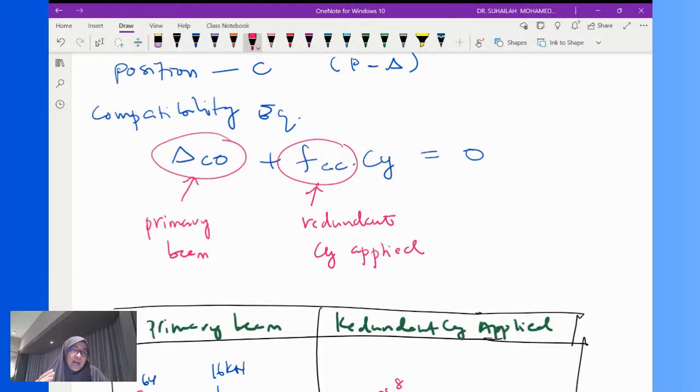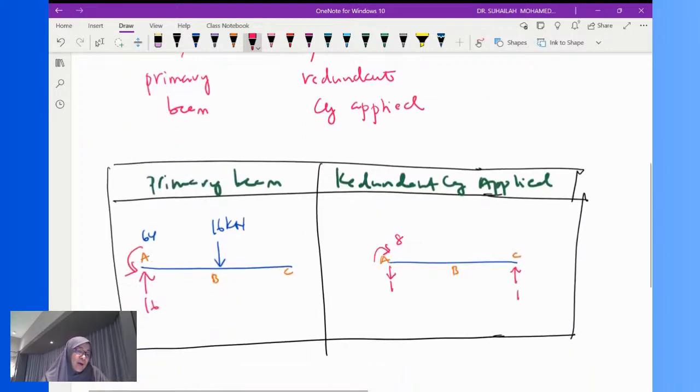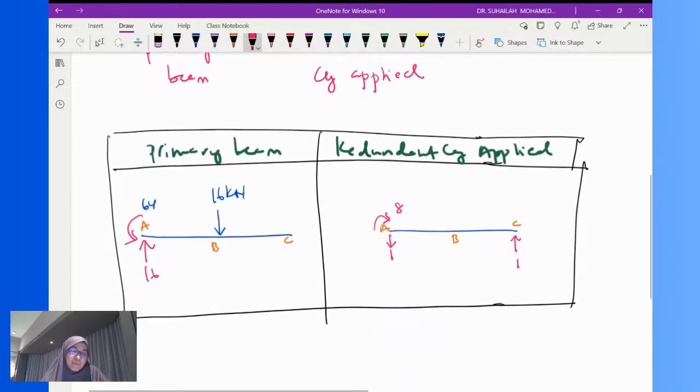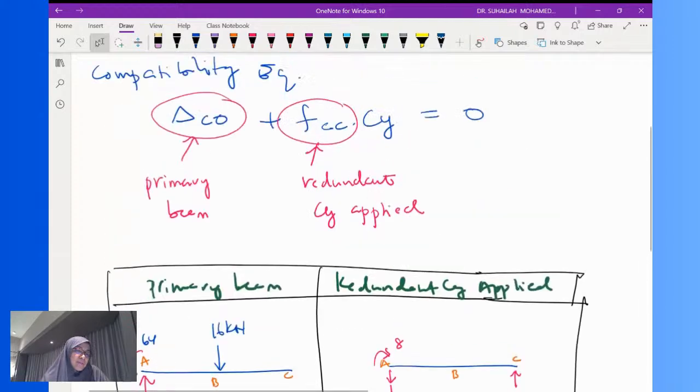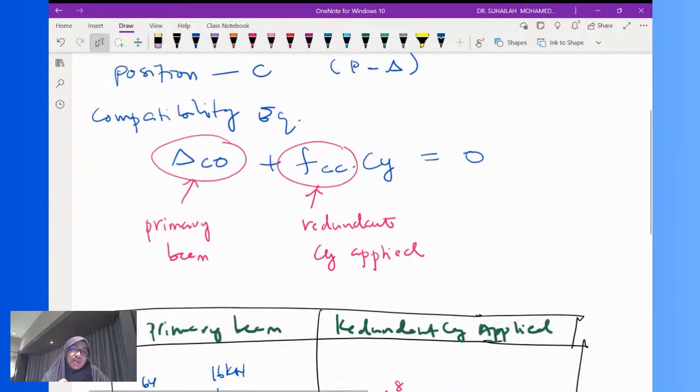Means that in order to calculate this displacement, we have to have the moment equation. So that is why we have to have the reactions, because in order to write the moment equation, we have to have the reactions first. So from this, we will write the moment equation, because we will use the moment equation in the displacement formula.